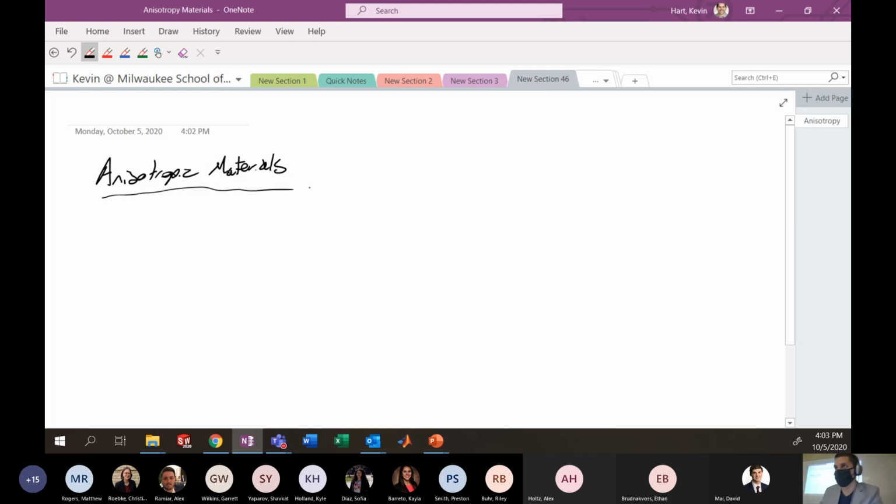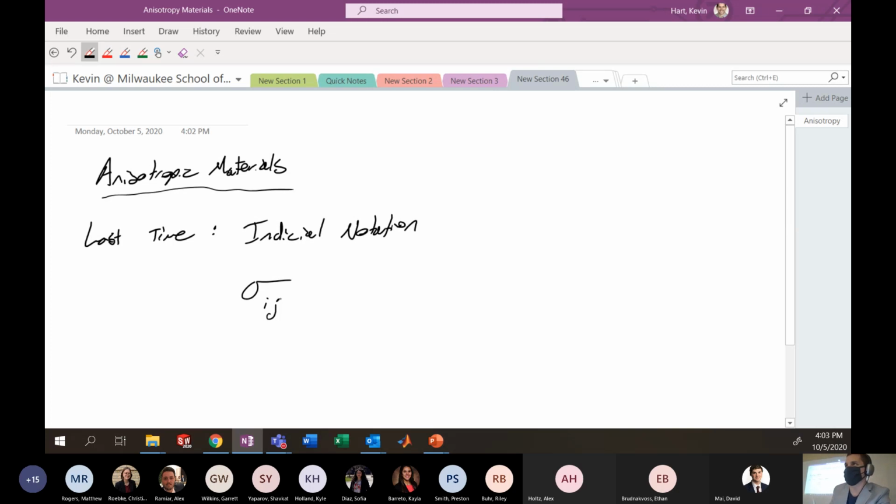Last time we talked briefly about indicial notation. We gave some definitions. Generally, we had indicial notation that looks something like sigma ij.